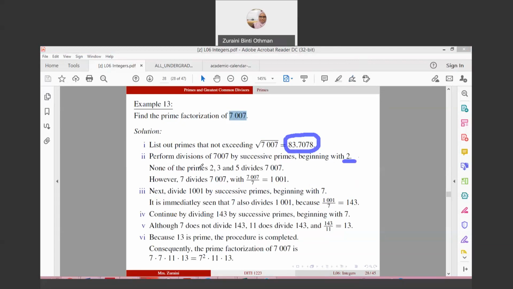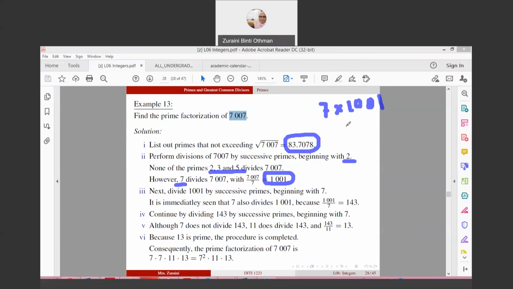So kita tak dapat jawapan. 2, 3, 5 kita tak boleh dapat. So bila dia divide by 7, kita dapat 1001. So kita dapat dah 7 kat situ. Okay, so sekarang ialah 7 kali 1001.